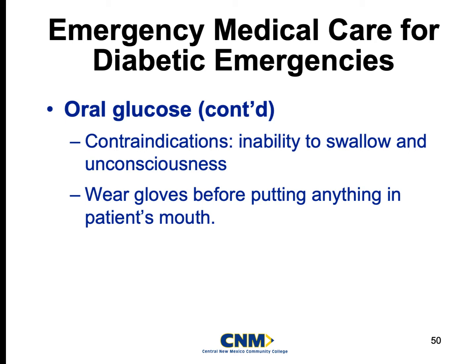Well, unfortunately, when we get called for 911, by the time that we do show up on scene, these people are pretty damn close to having the inability to swallow or being unconscious. Okay, this is a big reason why a lot of the higher levels of licensure, specifically the intermediates and paramedics, and to be honest with you, a lot of nurses are really trying to push for our basics here in the state to be able to administer IVs, because really that is the most preferred way of delivering glucose to our patients.